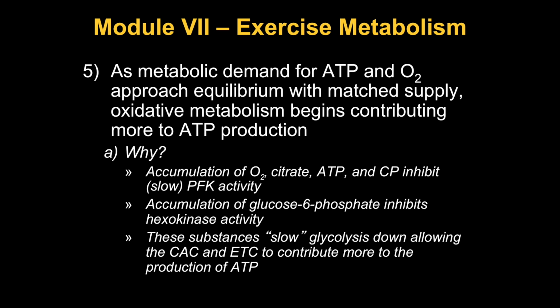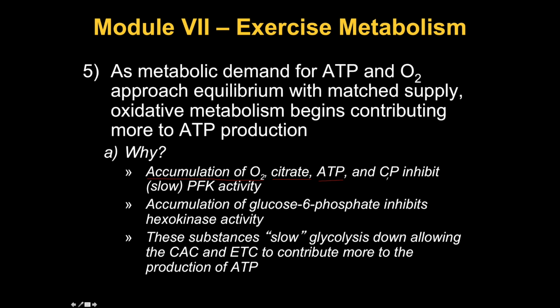Okay, so there has to be some sort of metabolite here, which we're going to talk about, that triggers all of this. And so ask yourself the question, why is this happening? Well, we get an accumulation of oxygen in the working muscle. We also build up citrate, which is in the citric acid cycle. ATP starts to accumulate a little bit.